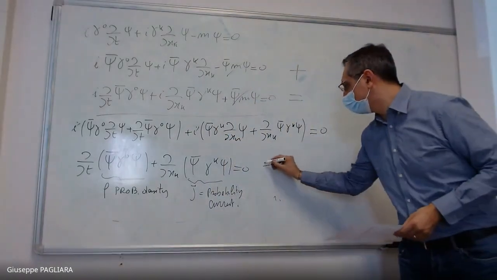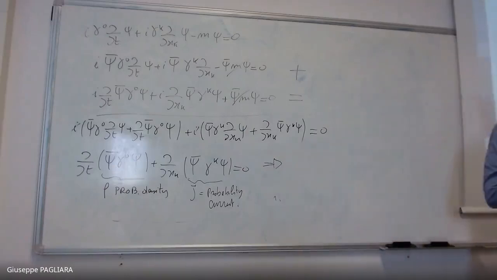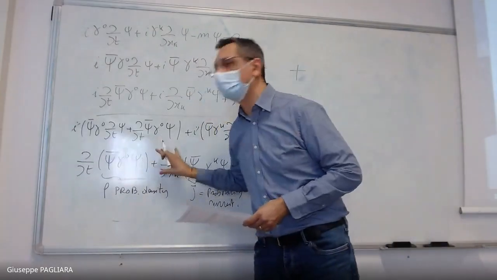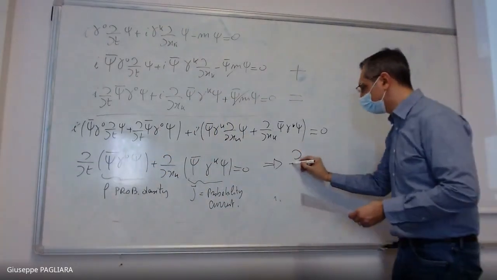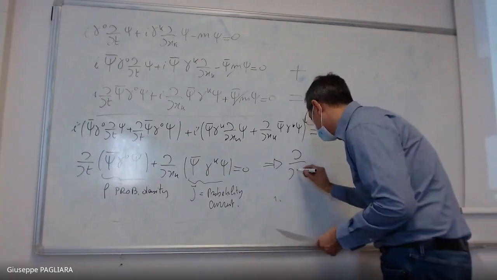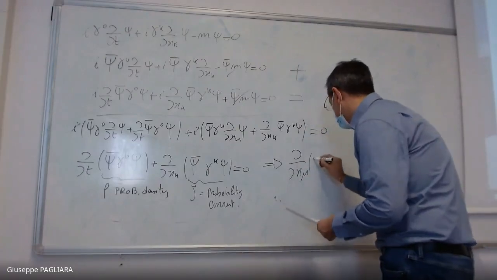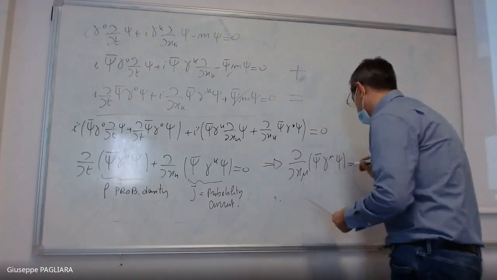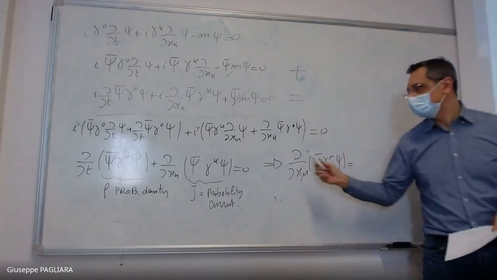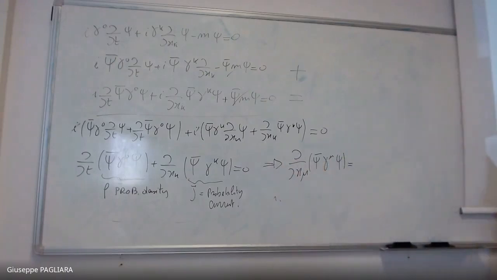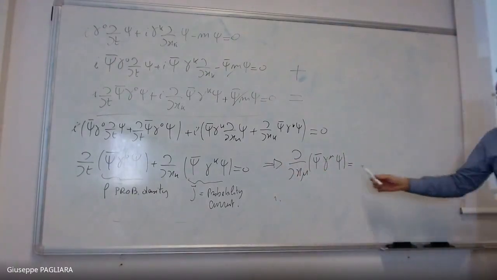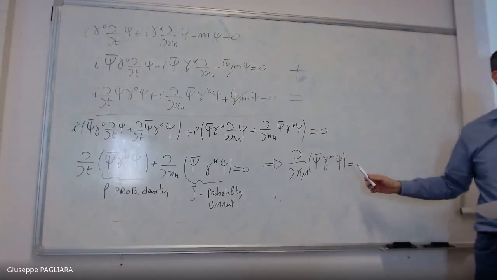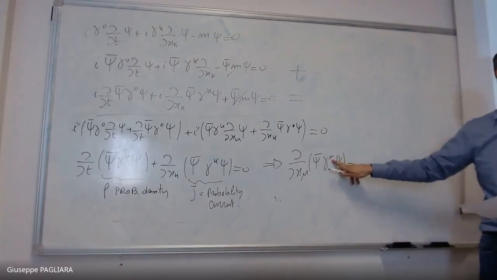And so we can write this in a more convenient form, as usual, by merging the temporal and the spatial derivatives. So as ∂_x nu, and then we have psi bar gamma mu psi. We are now merging these two terms as usual using the Lorentz indices. This is nothing else than the 4-vector current. This is a 4-vector now because we have 4 components here.